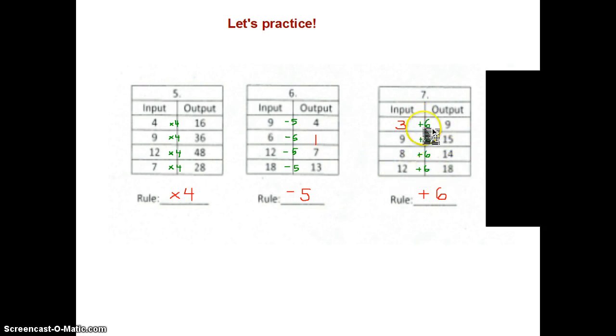And then I know that my rule is plus 6, but I was already given my output number, so I need to do some backwards thinking. I either need to ask myself, something plus 6 equals 9, or I know that the opposite of adding 6 is subtracting 6, so 9 minus 6 would give me 3, or 3 plus 6 equals 9. And so that gives me my rule of adding 6 each time.